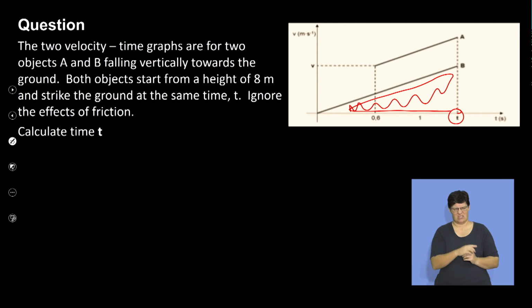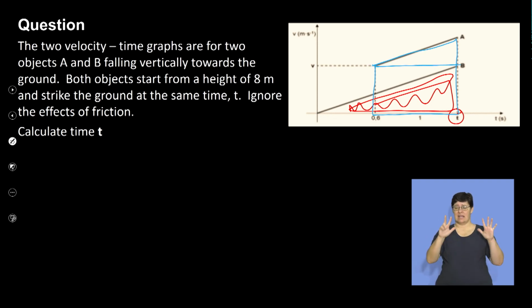That area gives me a value of 8. And if I take the area under this graph here, that's also going to give me 8. And I'm going to have all sorts of things. I probably should have given you a little bit more information.